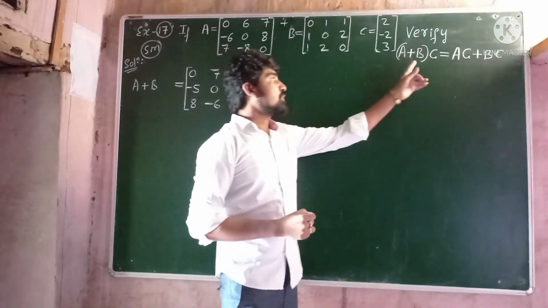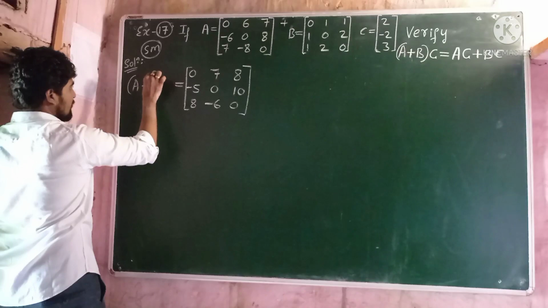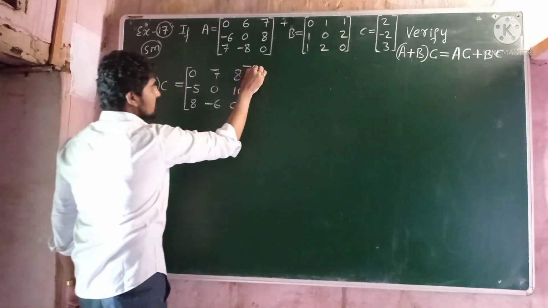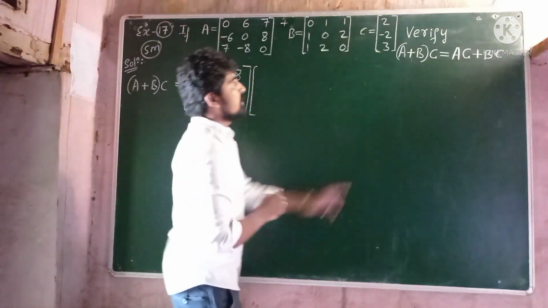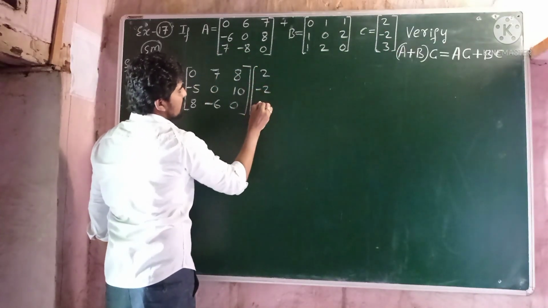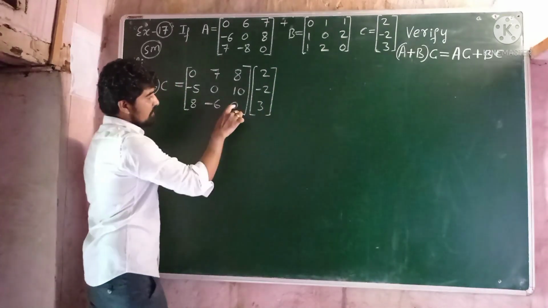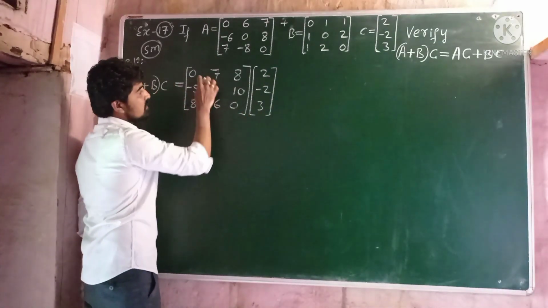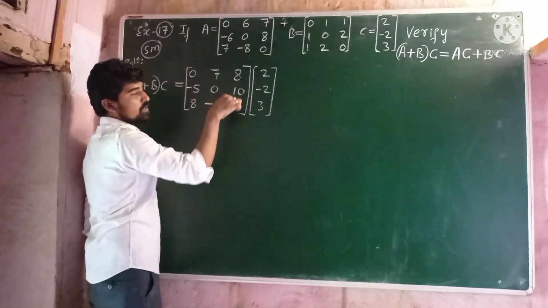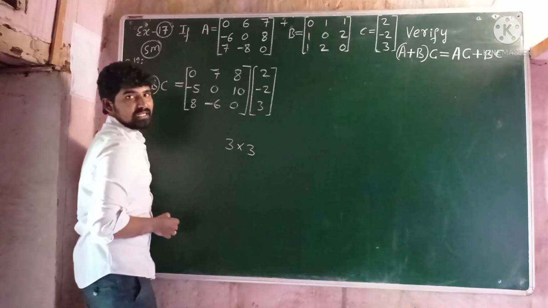Now A plus B into C matrix. C matrix is given by 2, minus 2, 3. You may observe here matrix A plus B has 3 rows and 3 columns. Therefore the order of the matrix A plus B is 3 cross 3.